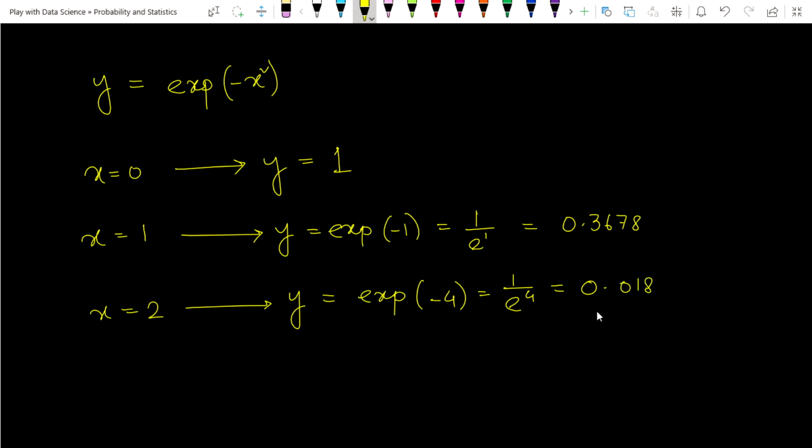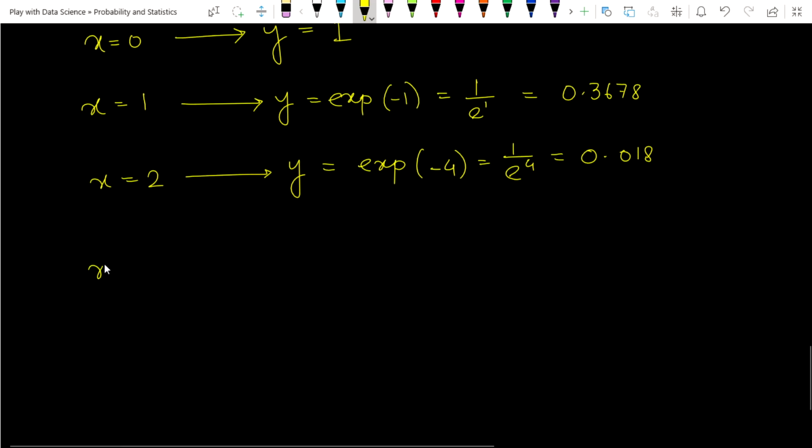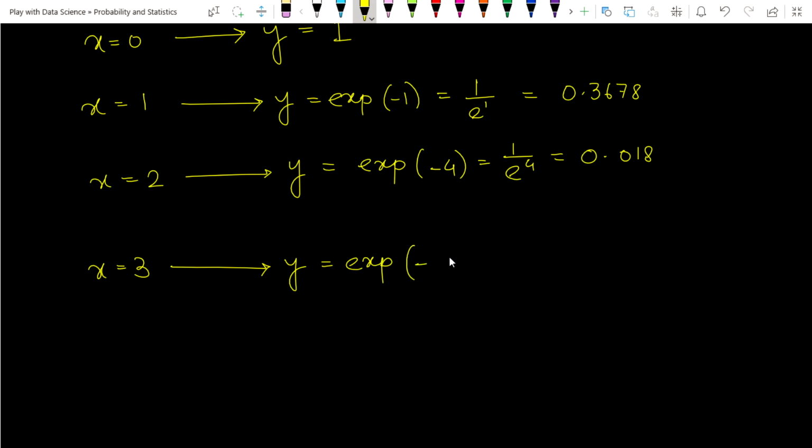I have already done this with my calculator and I'm just writing it to save time. Now I'm changing x to 3, then what will be our y value? This value looks like 0.0023.